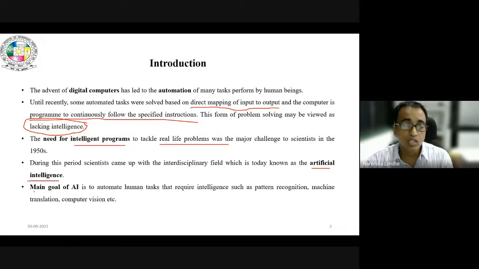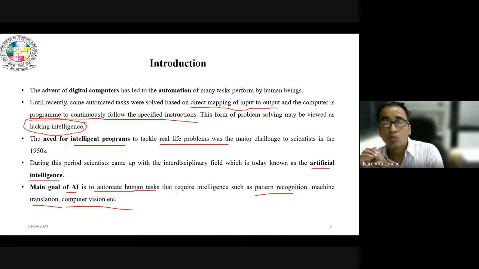The main goal of AI is to automate human tasks that require intelligence, such as pattern recognition, machine translation, and computer vision. Say you want to recognize something in an image, recognize the voice of a particular person, or identify some picture.